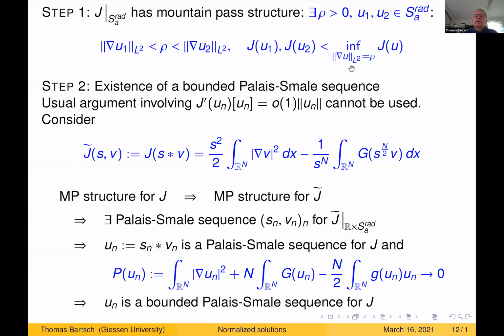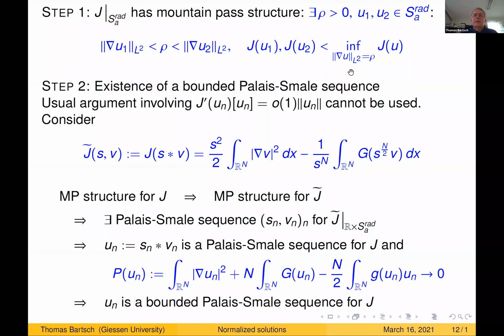This separates the L2 sphere into two disjoint components. And then what the mountain path structure says is, there exists an element u1 in one component, the one where the L2 norm of the gradient is small, less than rho, and u2 in the other component, but J of u1 and J of u2 are less than the infimum. So this would be kind of the mountain range of the L2 sphere.